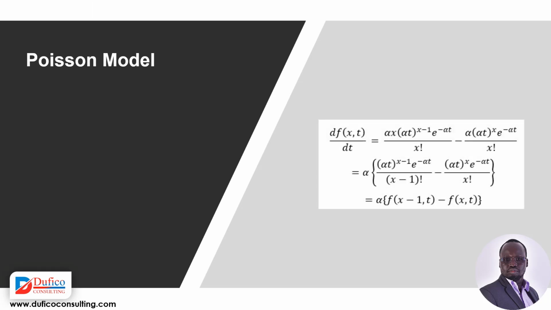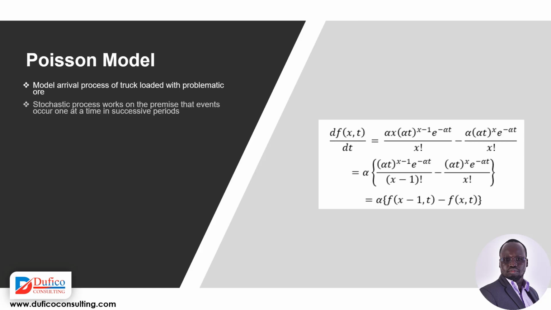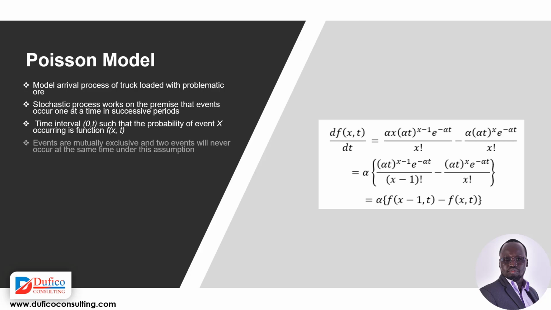But then we have to statistically put it into perspective in terms of the real world: when you go and dig a block, it's not going to come the way you normally calculate. So we use what we call Poisson's model or probability theory, where every truck arriving loaded with problematic ore will occur one at a time.